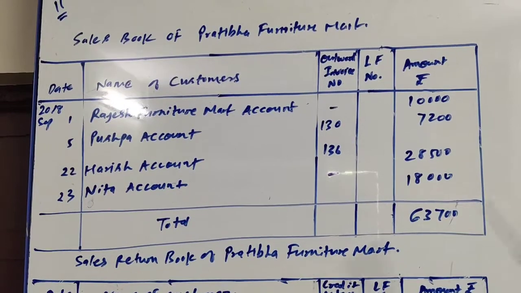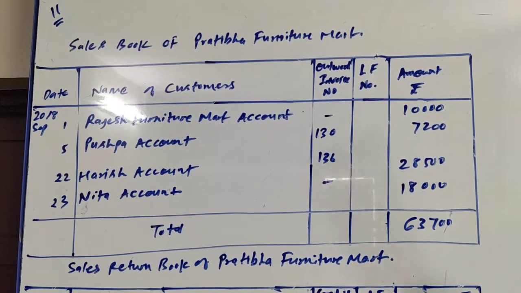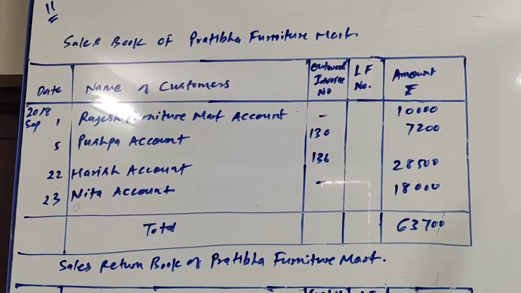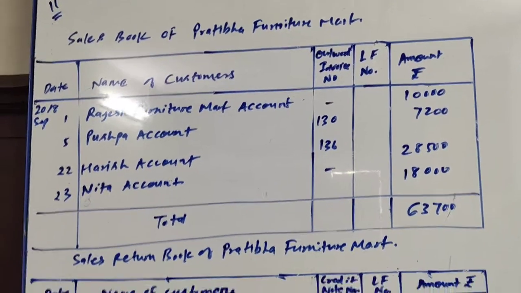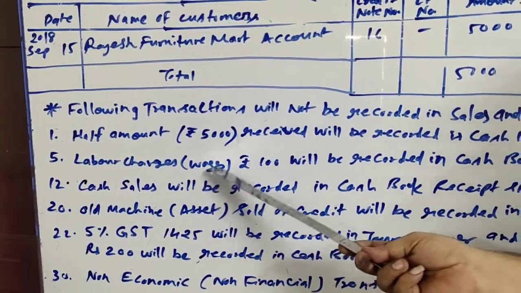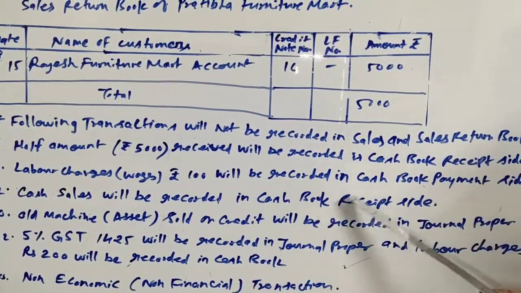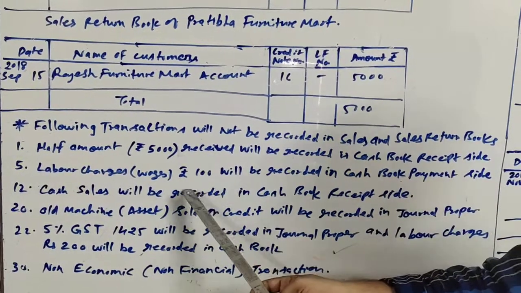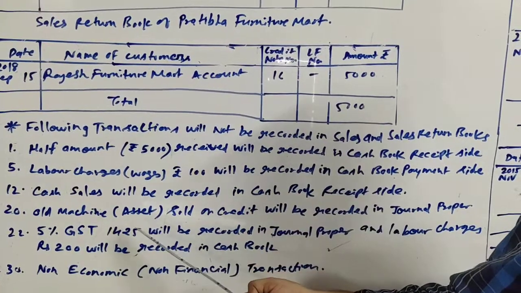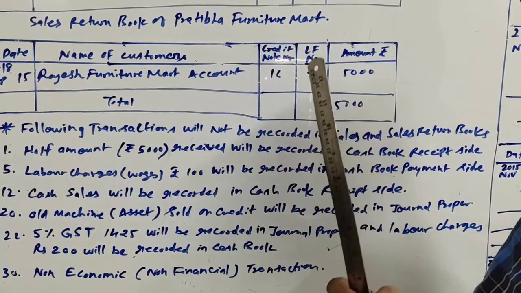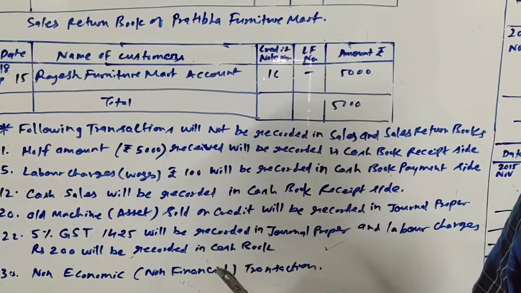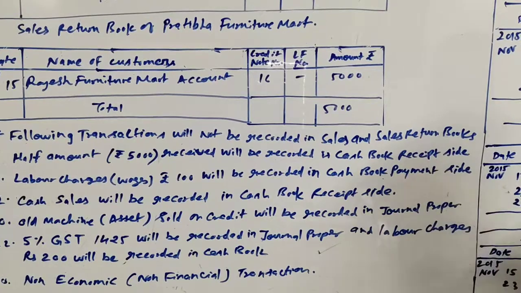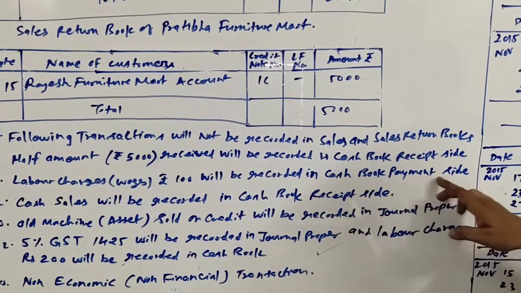Labor charges are added to the bill, rupees 100, so for that we will write a note: labor charges rupees 100 will be recorded in the cash book payment side. Here it is assumed that the labor charges added to the bill we have paid on behalf of our customer, so it will be recorded on the cash book payment side.